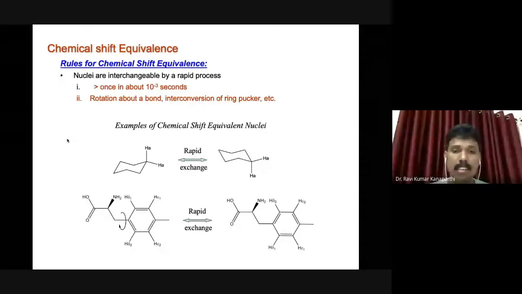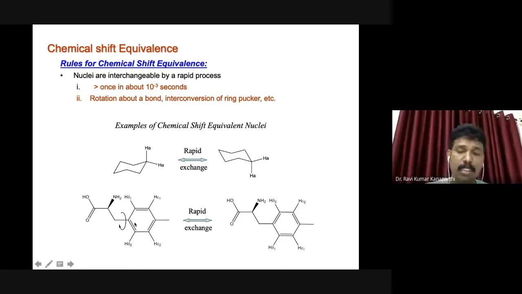Similarly, with rapid exchange, if you have this kind of amide molecule, then again the CC single bond rotation is very fast, and we don't see a difference between the protons. As a result, we get the same chemical shift value for the protons, right? So these other protons will not split.